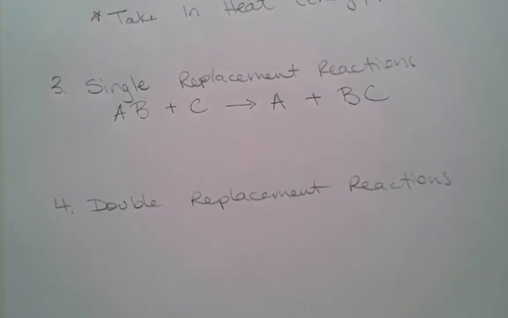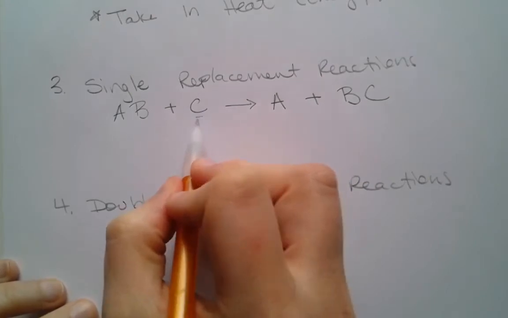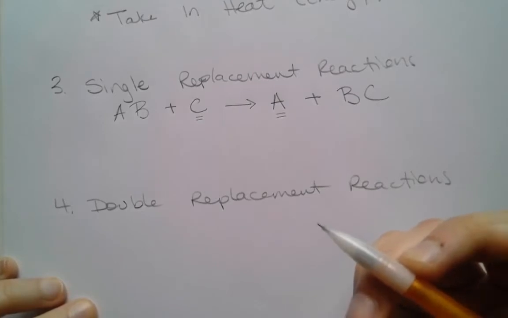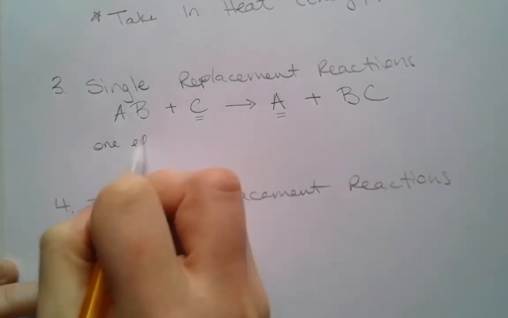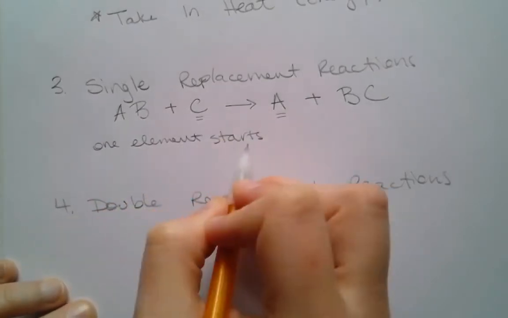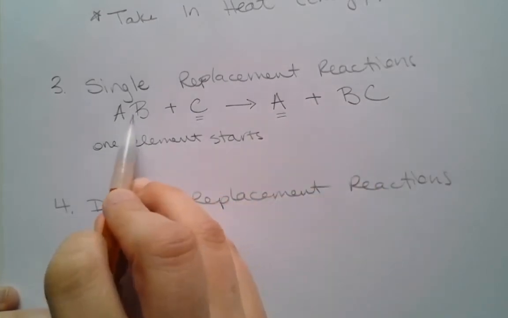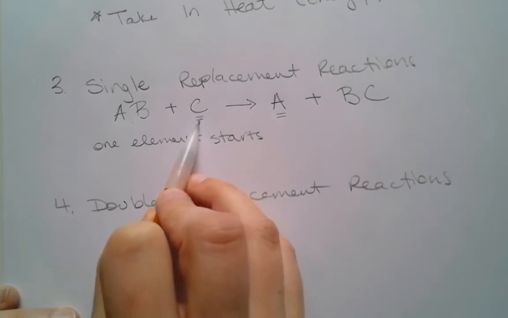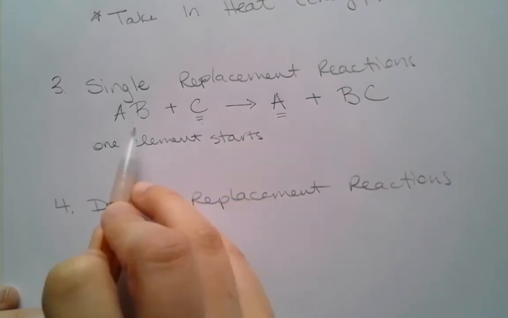All of a sudden, you've got a different set of pairs going on. You can identify a single replacement reaction because one element starts single and a different element ends up single. So these are reactions where one element starts kind of by itself. This is usually something actually breaking down this thing. You'll see this a lot with acids and metals.